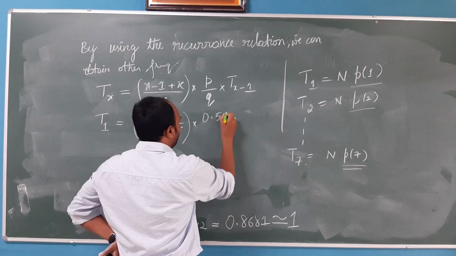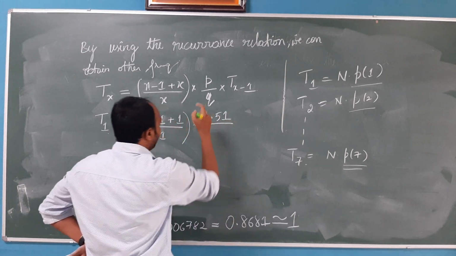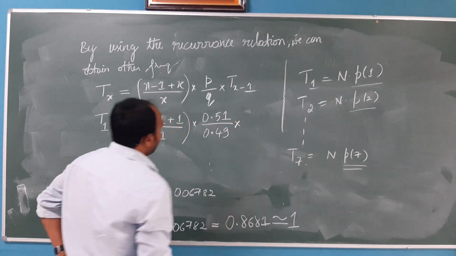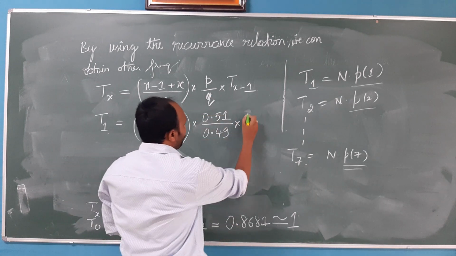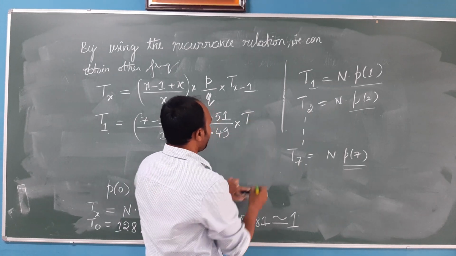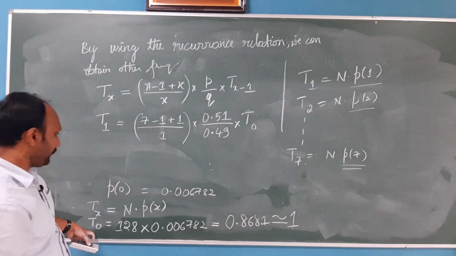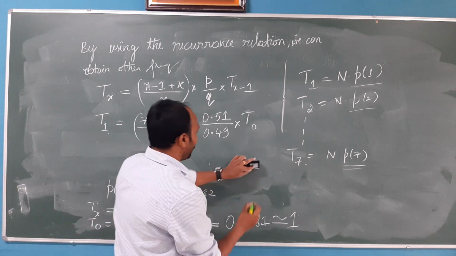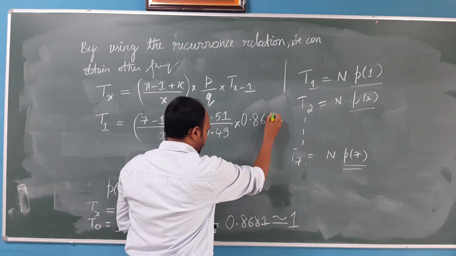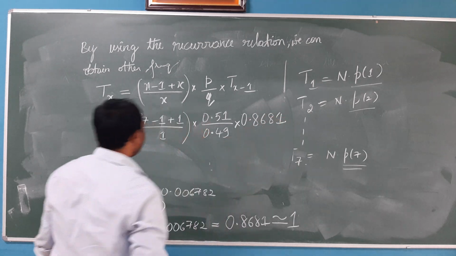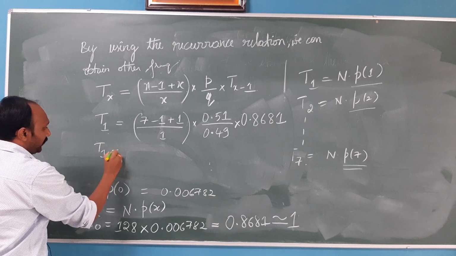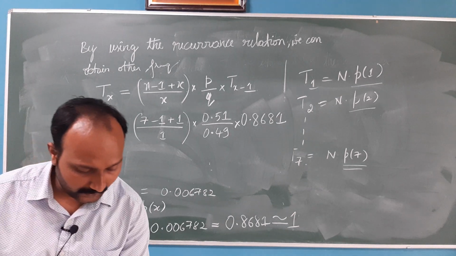Yes, 0.51 divided by q, which is 0.49, into t of x minus 1. T of x minus 1 is t of 1 minus 1, that is nothing but t of 0. The previous frequency is 0.8681.